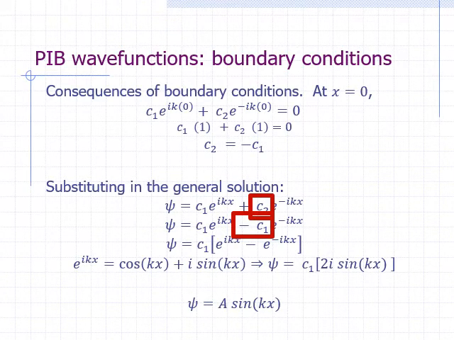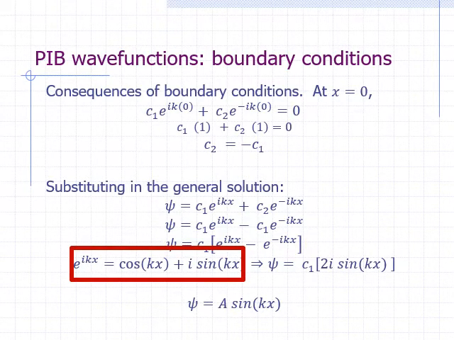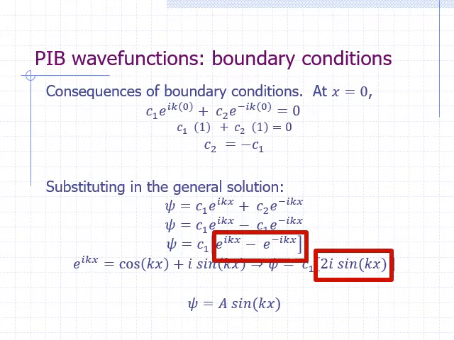We can factor out C1 and get psi equals C1 times the difference between e to the ikx and e to the negative ikx. Using the Euler formula, e to the ikx equals cosine kx plus i sine kx, we can show that e to the ikx minus e to the negative ikx is just equal to 2i times sine of kx.